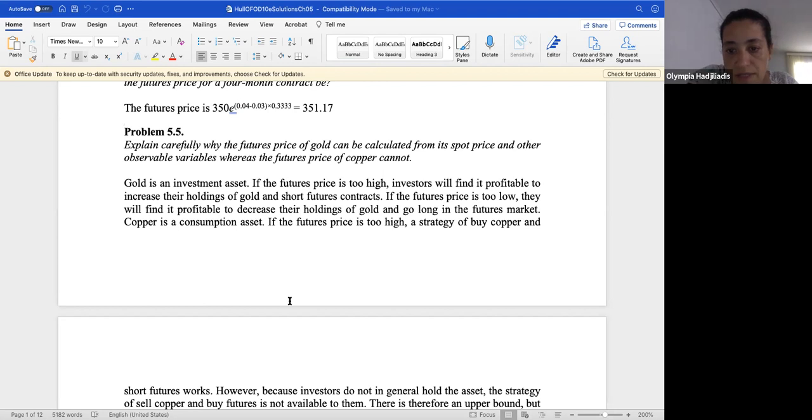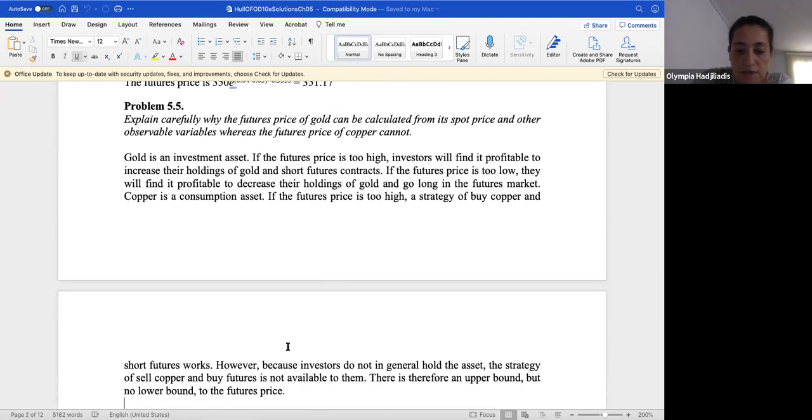If the futures price is too low, they will find it profitable to decrease their holdings of gold and go long in the futures market. Copper, on the other hand, is a consumption asset. If the futures price is too high, a strategy to buy copper and short futures contracts will work.